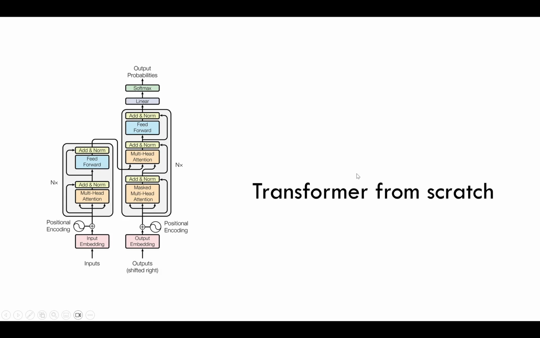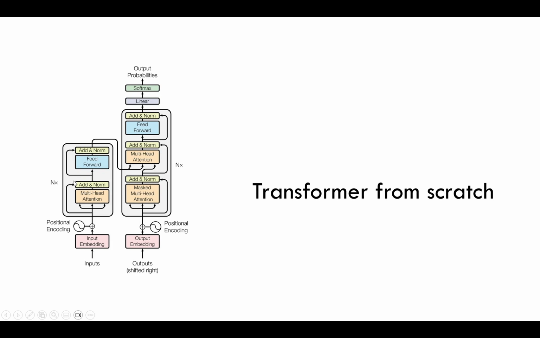As you remember, these blocks are combined together by this bigger block here, and we have N of them. This big block we will call the encoder block, and each of these encoder blocks is repeated N times, where the output of the previous is sent to the next one and the output of the last one is sent to the decoder.